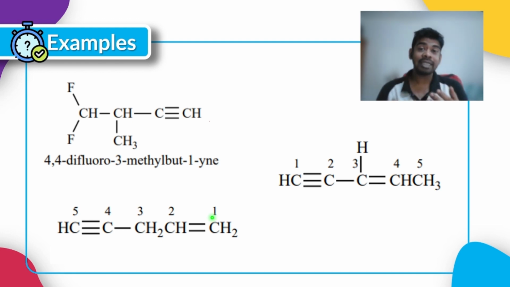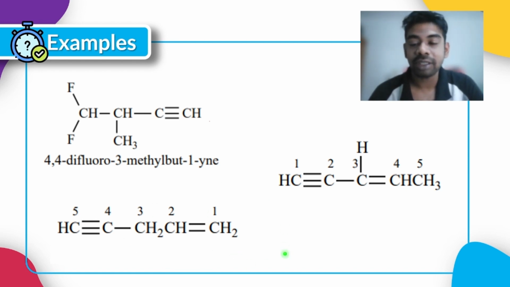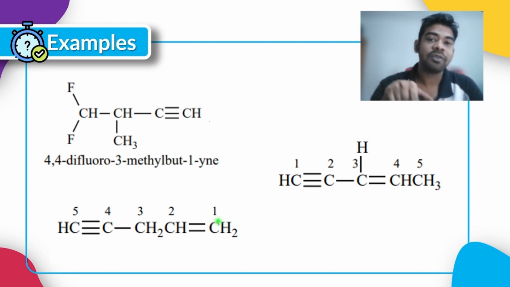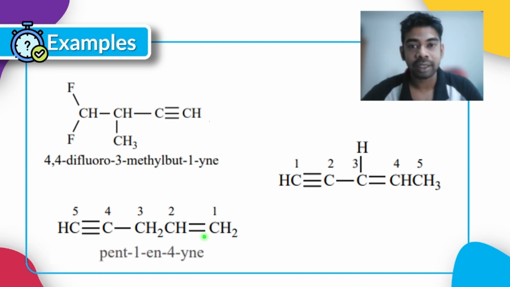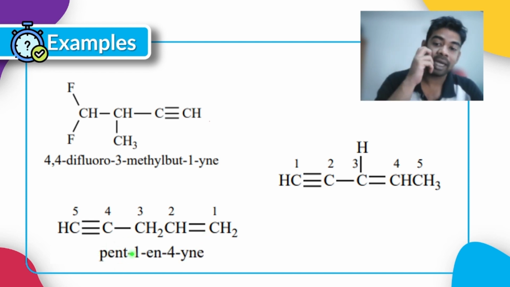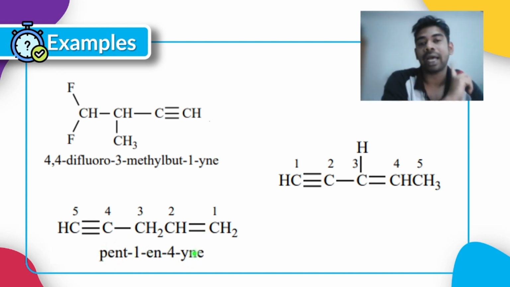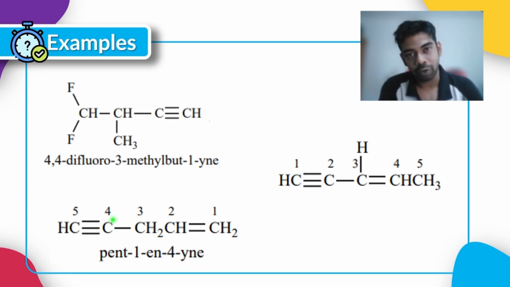But if in one of the cases you are getting a lower number, prefer that numbering. For example, in this one, if you number from both sides you get the same numbers for the double bond and triple bond. Here you give higher priority to the double bond, and hence the name would have been pent-1-en-4-yne. So 1 and then you have 4.